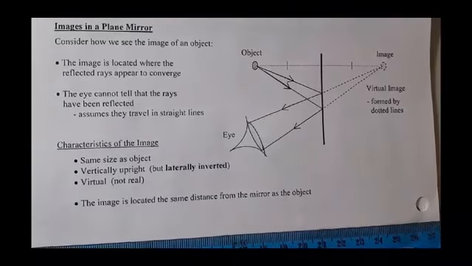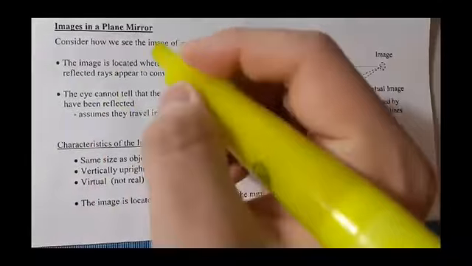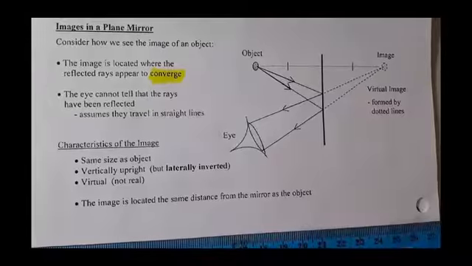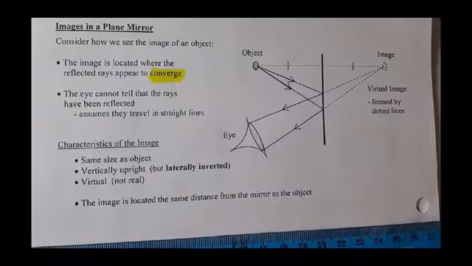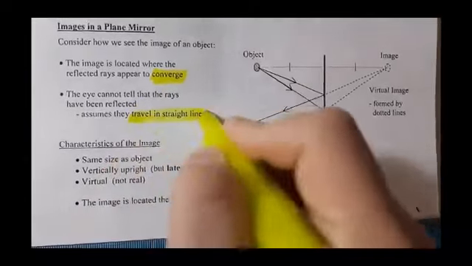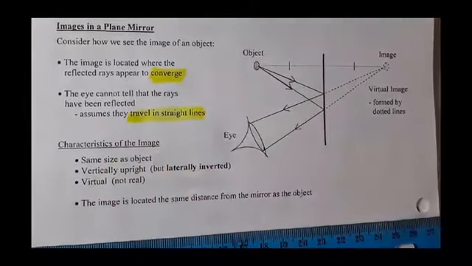So first things first. The image is located where the reflected rays appear to converge. And the eye, think about that as a reflected image. The eye cannot tell that rays have been reflected, and we are assuming that it travels in a straight line. And I'm going to explain to you what that means.